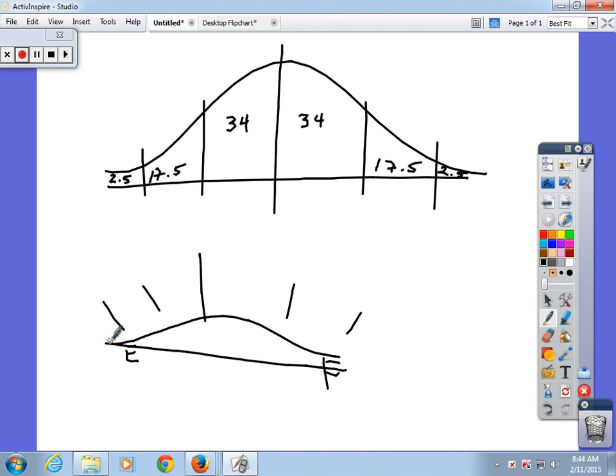Alright? So your percentiles come basically from the empirical rule and where you are in relation to center. Of course, center is the most important thing in statistics. So we could say this is the 50th what? Percentile.